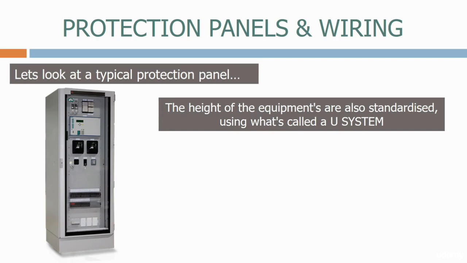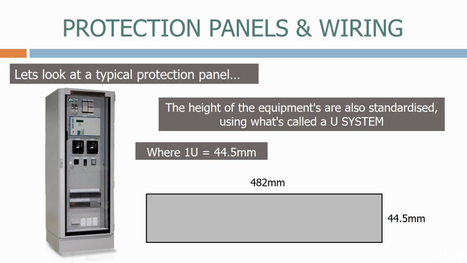The height of the equipment is also standardized, using what's called a U system, where 1 U equals 44.5mm. So for a single tier rack that's 1 U high, we'll have a width of 482mm and a height of 44.5mm.